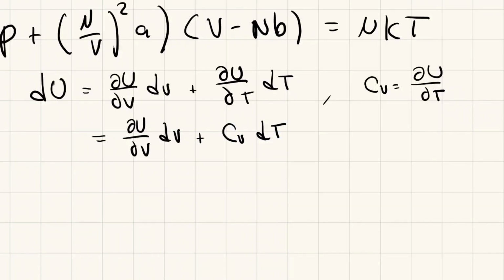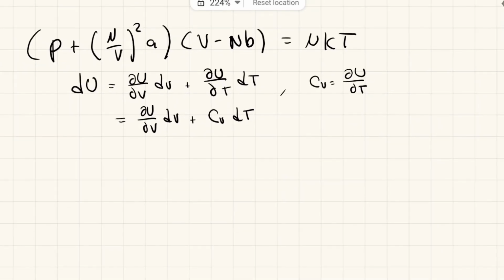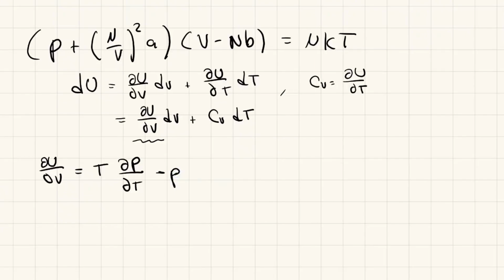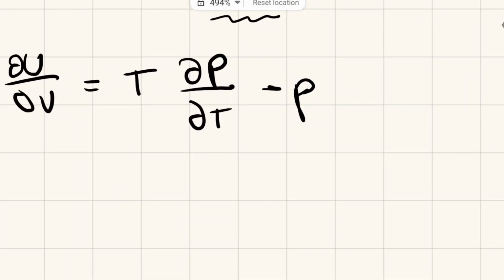And then, using some laws of thermodynamics and the entropy of the system, we found out that we can express this partial derivative, the derivative of U with respect to V, as T times the derivative of the pressure with respect to the temperature minus the pressure. And the thing here is that this expression allows us to specify the derivative of U with respect to V in terms of state variables, right?